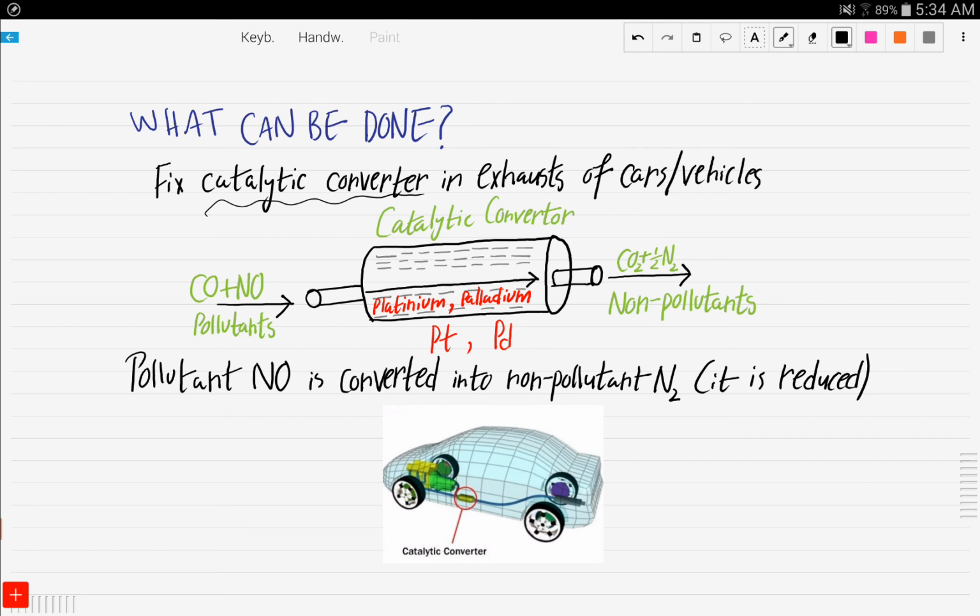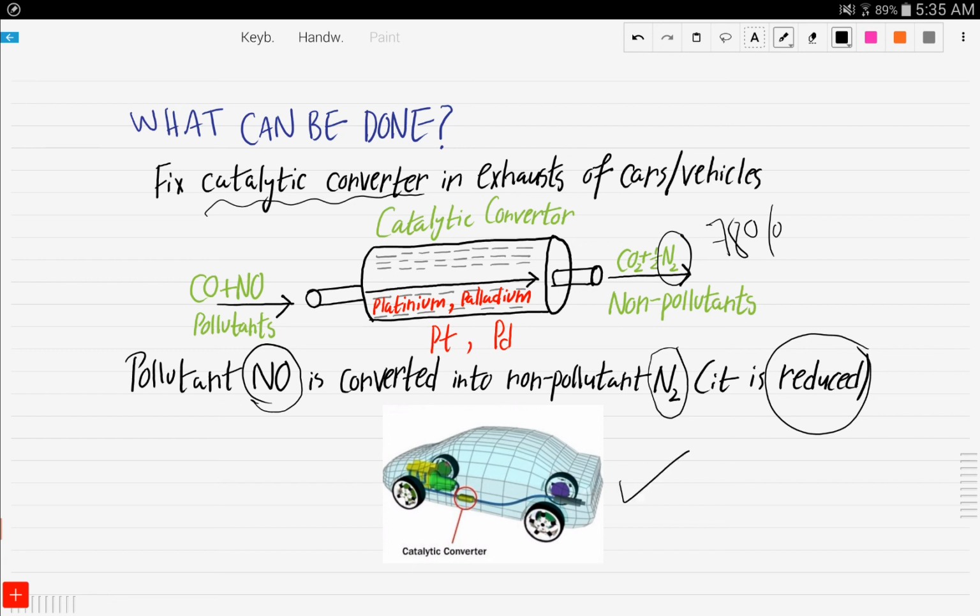Already, as you know, nitrogen constitutes 78% of the air composition, so it's a non-pollutant. What happened is that the pollutant, that is nitrogen monoxide, was converted to non-pollutant nitrogen. In other words, it was reduced, and we already talked about reduction in the redox reactions chapter.